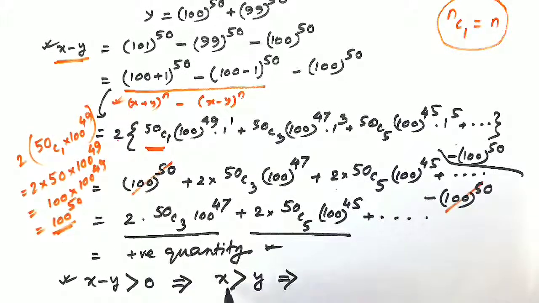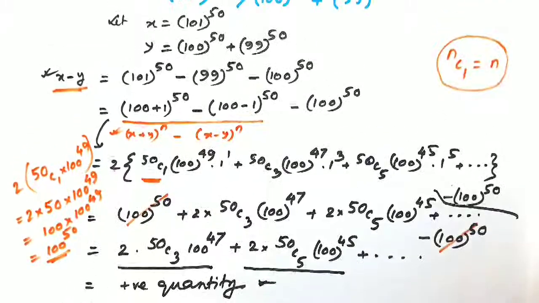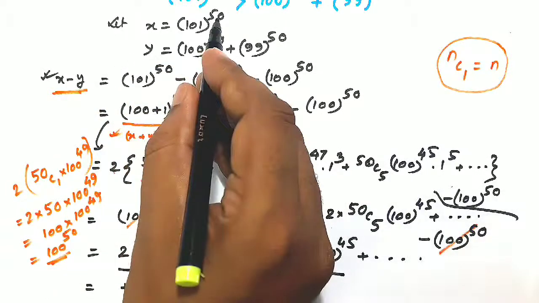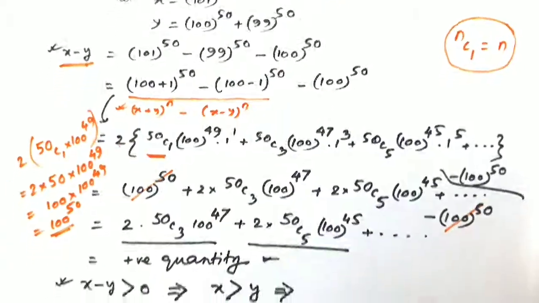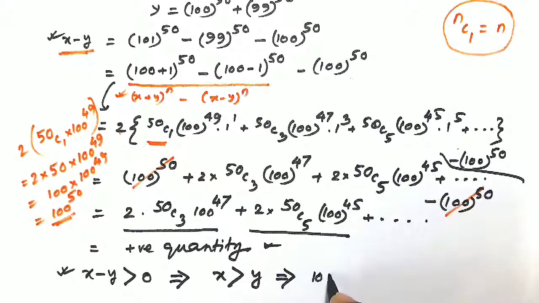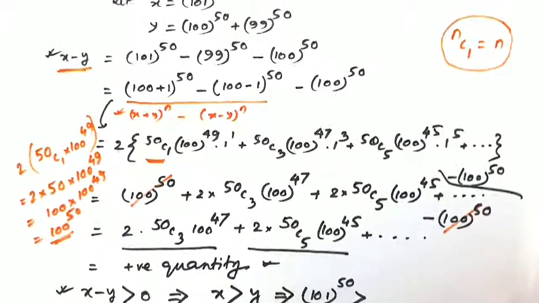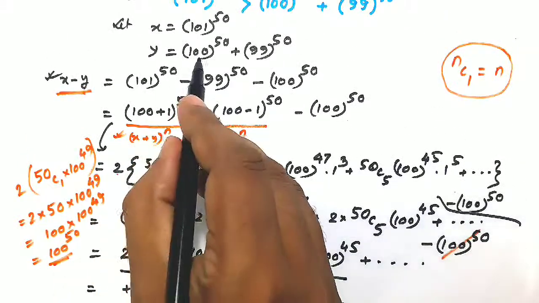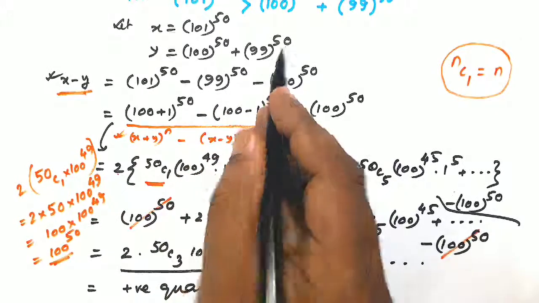Now tell me, what is x? What was x? You consider this x as 101 to the power 50, isn't it? So we replace this x by 101 whole to the power 50, greater than y. What is y? y is written as 100 to the power 50 plus 99 to the power 50.